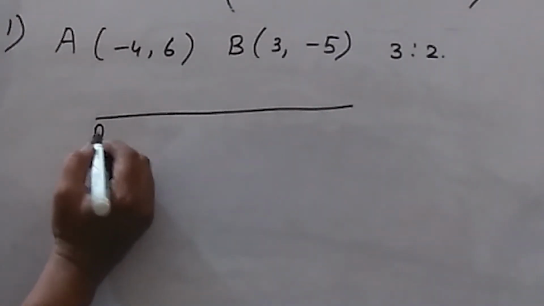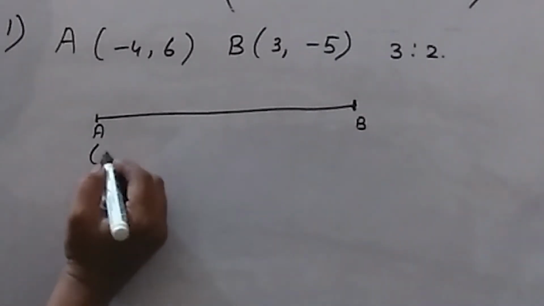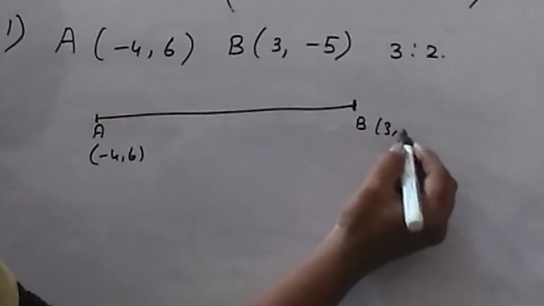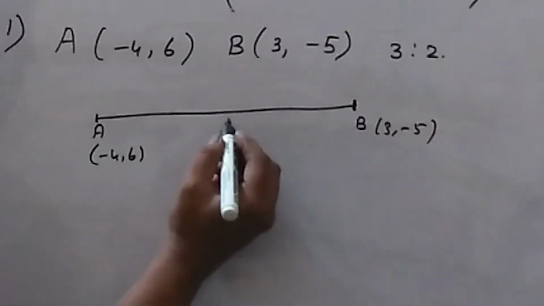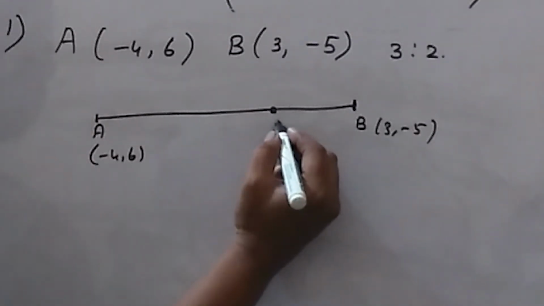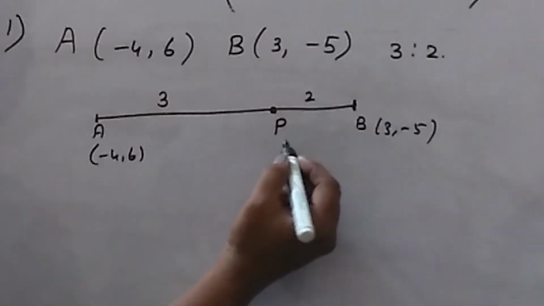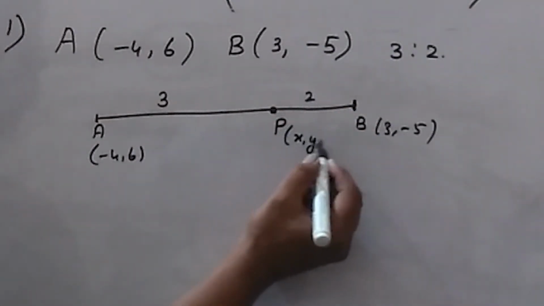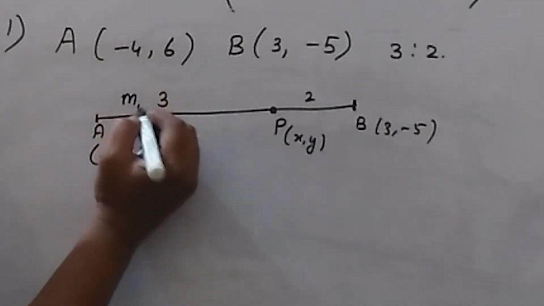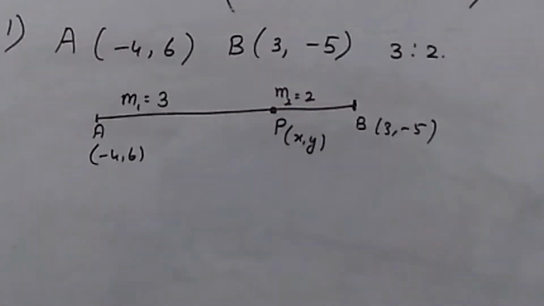This is A and this is B, A (-4, 6), B (3, -5), and the line is divided in the ratio 3:2. We have to find the coordinates, so take M1 as 3 and M2 as 2.